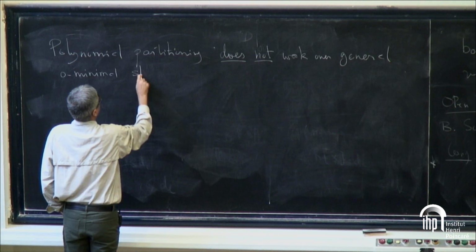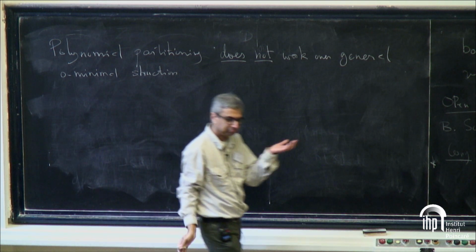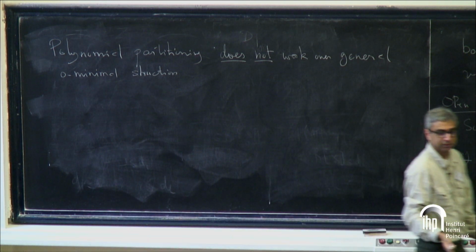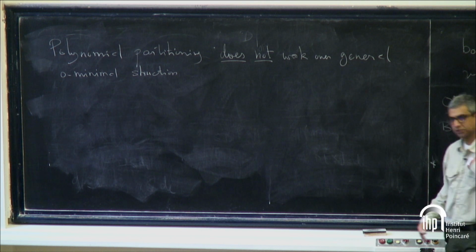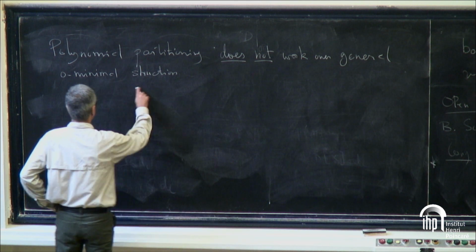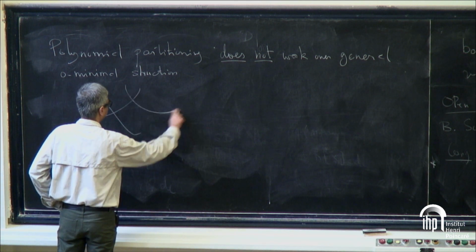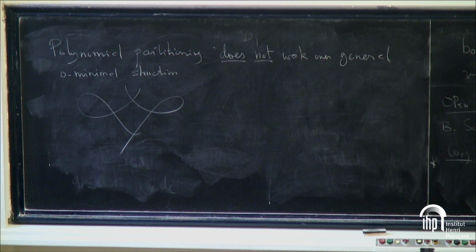After all, polynomial partitioning is only producing a polynomial given a set of points. And so why not use it? Well, it goes back to this issue that you have this polynomial of high degree, remember, produced by the polynomial partitioning theorem.